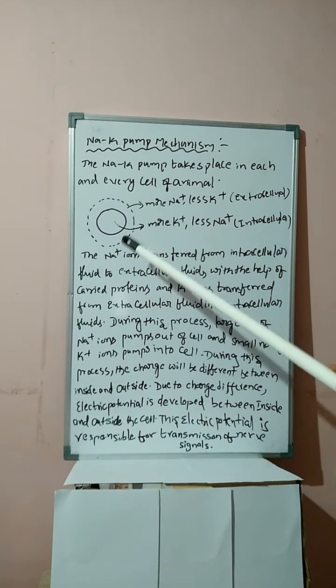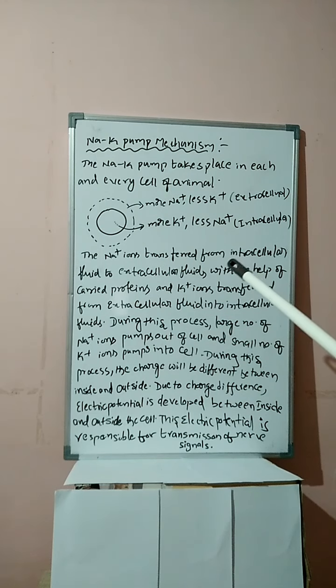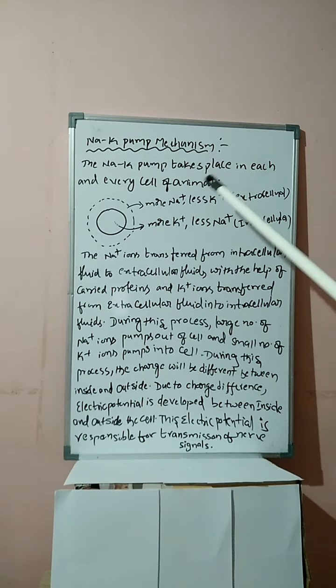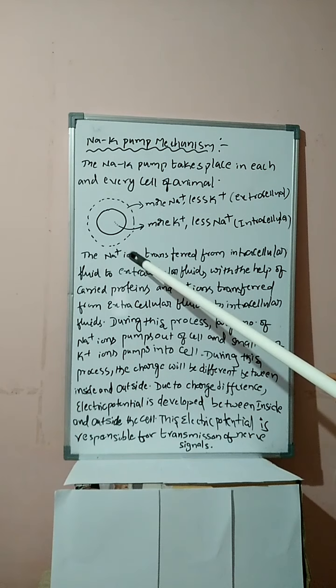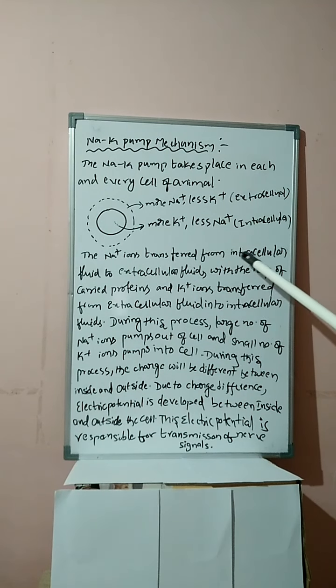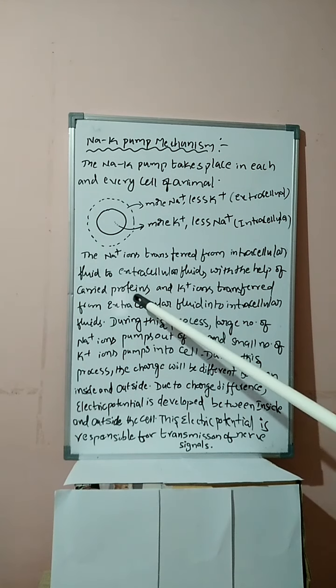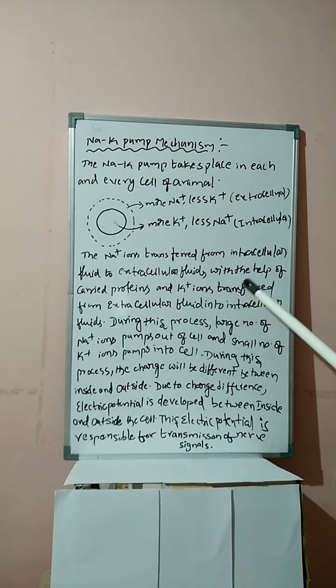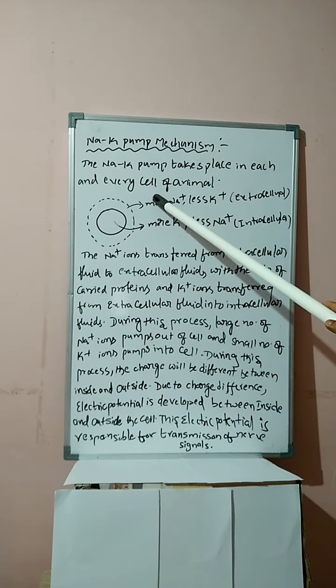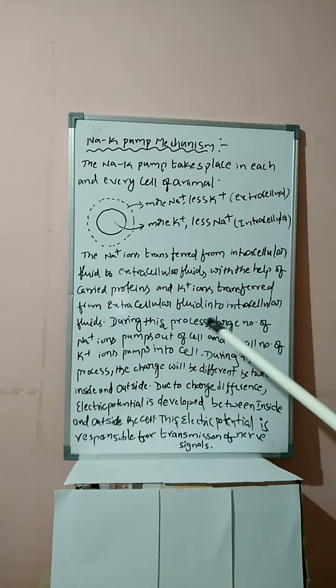Due to this difference in Na+ and K+ concentration outside and inside the cell, the following phenomena take place. The Na+ ion is transferred from intracellular fluids to extracellular fluids with the help of carrier proteins, and the K+ ion is transferred from extracellular fluids to intracellular fluids.